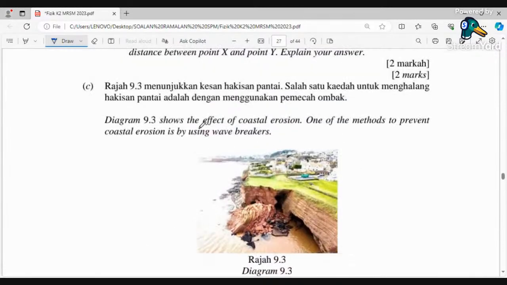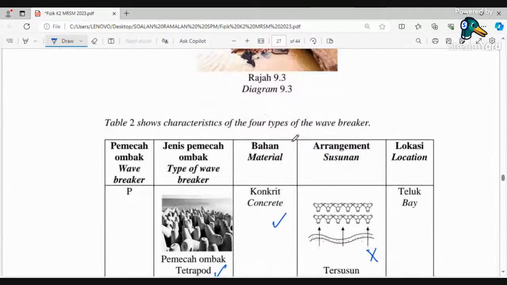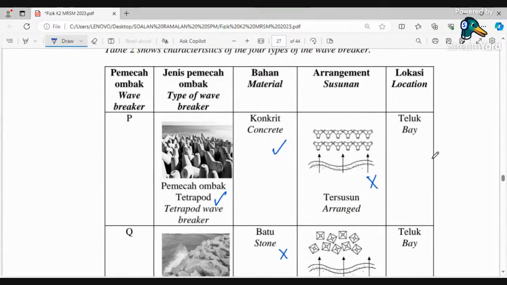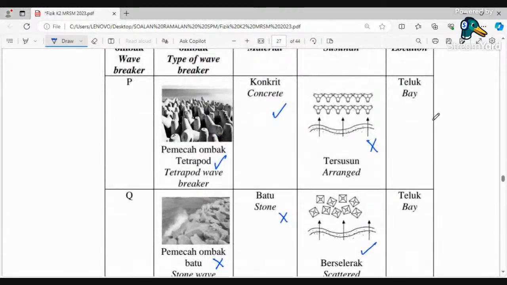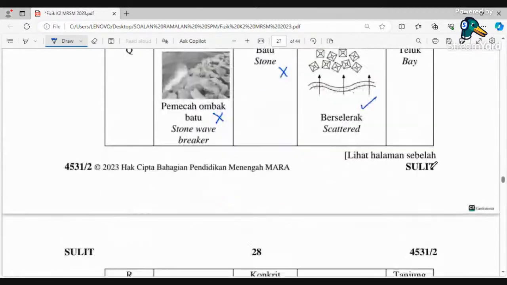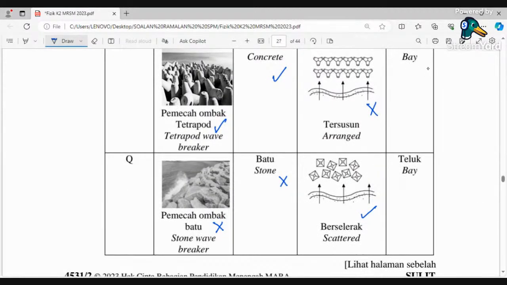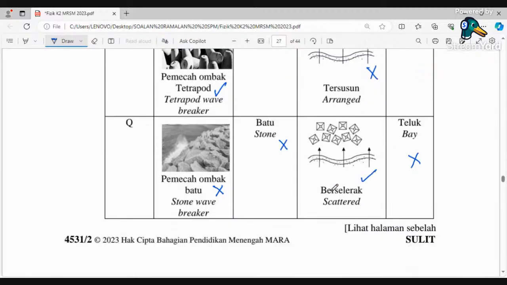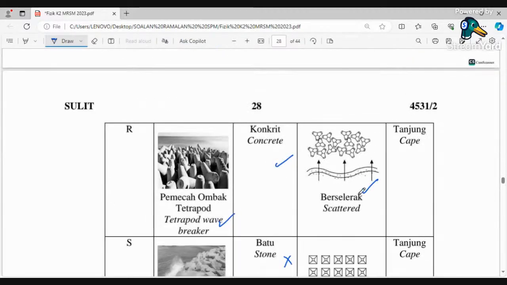Dia nak kawasan di mana kita nak pasang tu ialah kawasan yang wavy lah. Kalau B dia less wavy, tak perlu pasang, tak apa. Okay, so we choose the cape area untuk pasang the breaker tu ya, wave breaker. Jadi yang kita pilih ialah ini. Jadi nampaknya kita akan pilih R lah.